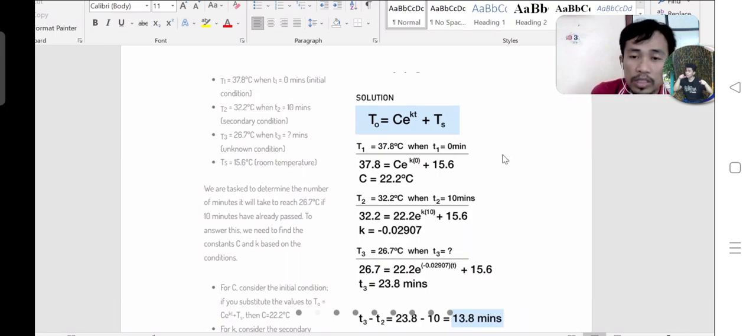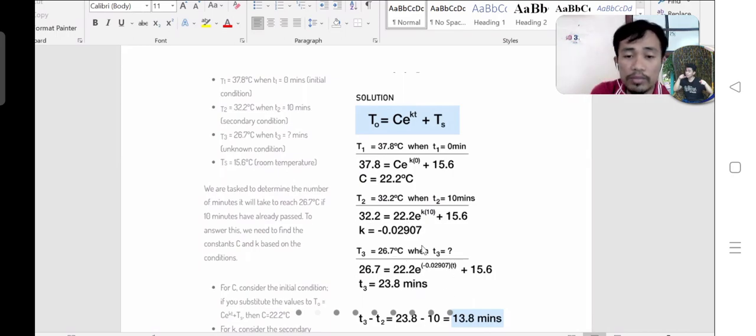By substituting the value of C in our formula again to get the t, the result is that k is negative 0.02907. So that's the value. So right now we proceed using the same formula to get the answer to the question of the problem.